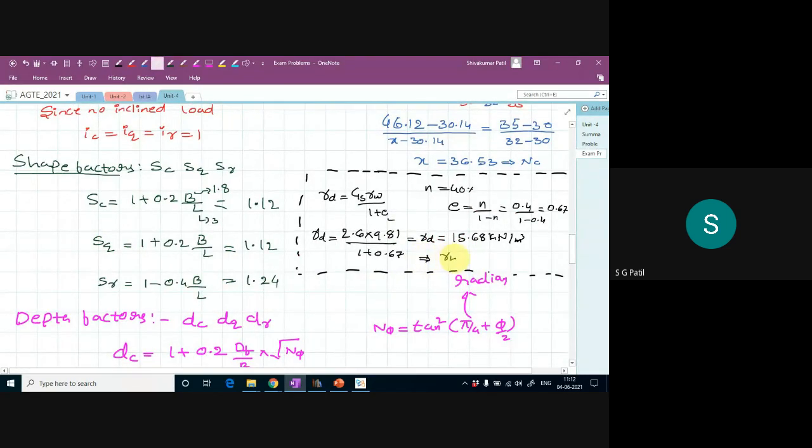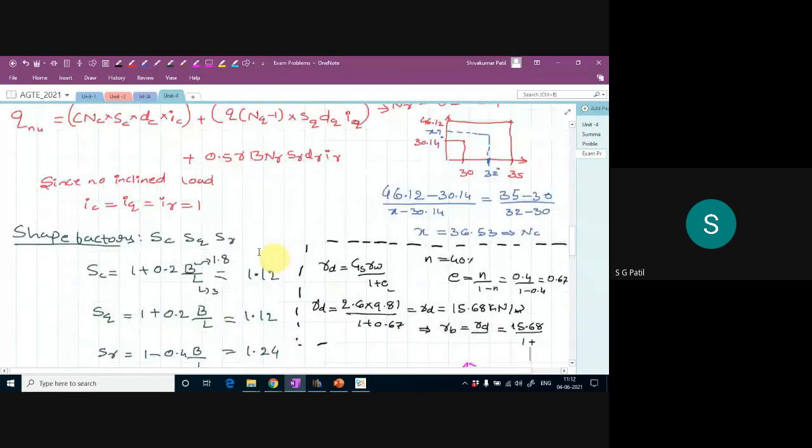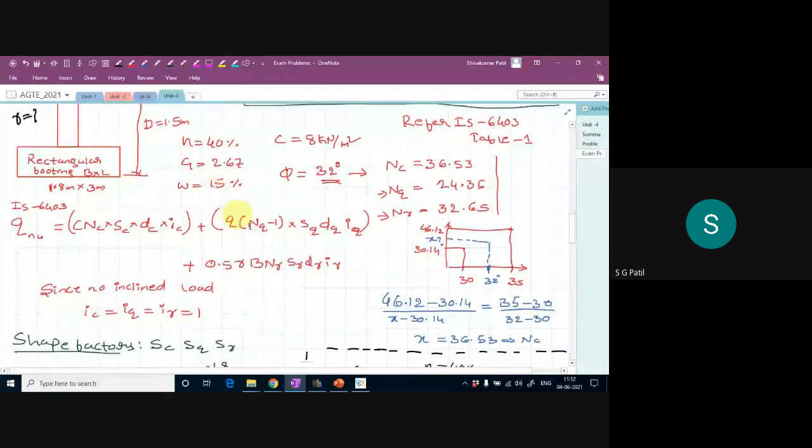So gamma bulk is equal to gamma D divided by 1 plus W. So gamma D is 15.68 divided by 1 plus what is the water content they given? How much water content? 15%.